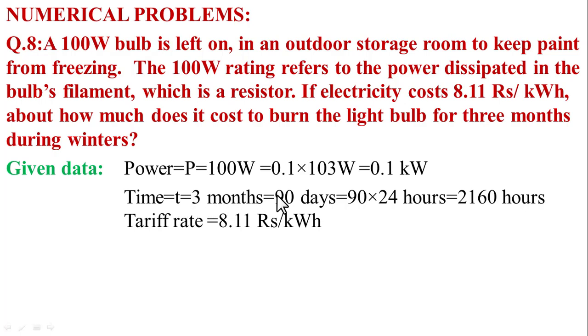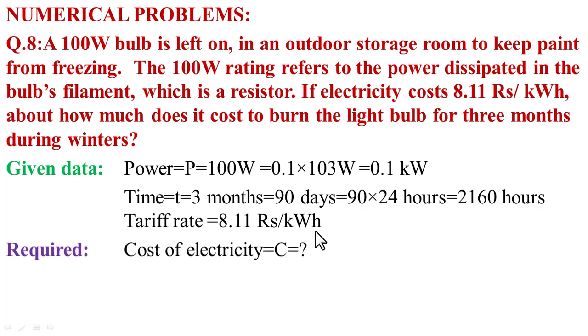In 3 months is equal to 90 days, that is equal to 90 multiplied by 24. So we can change time into hours, that is equal to 2160 hour, and tariff rate, that is equal to 8.11 Rs per kilowatt hour.